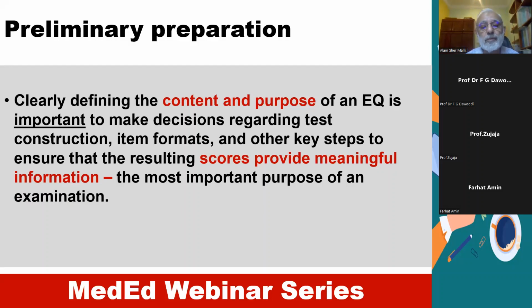That is the whole purpose of an examination, to get meaningful information. If the answers or the exam method is not providing meaningful information, then that method of assessment is of no use.